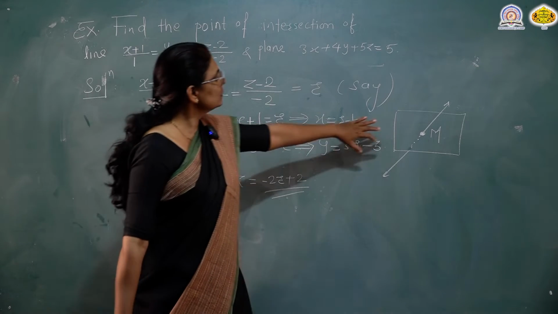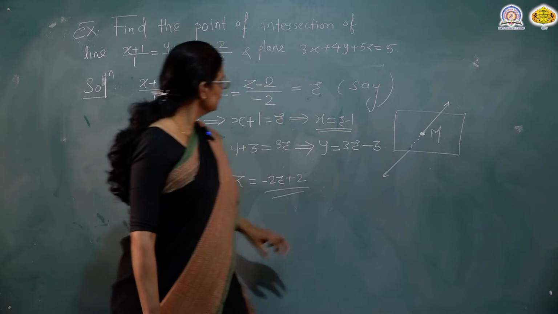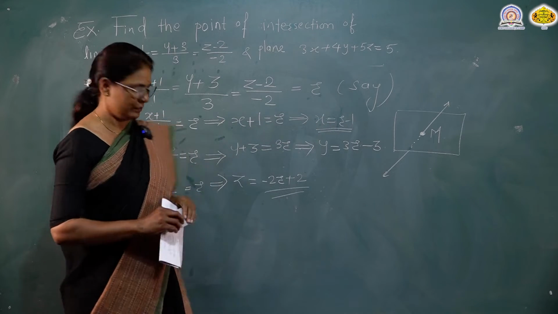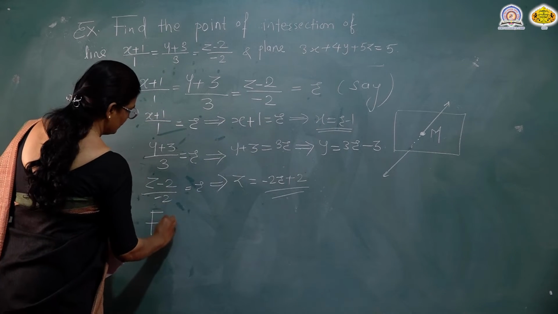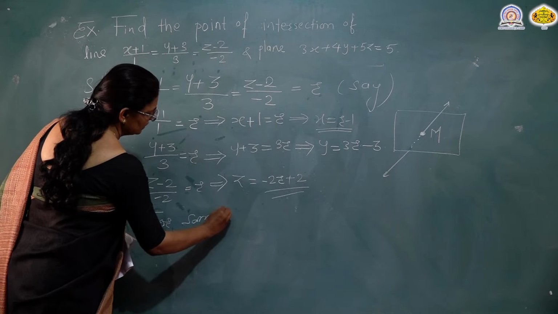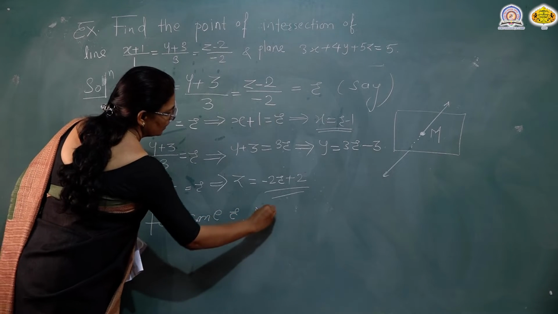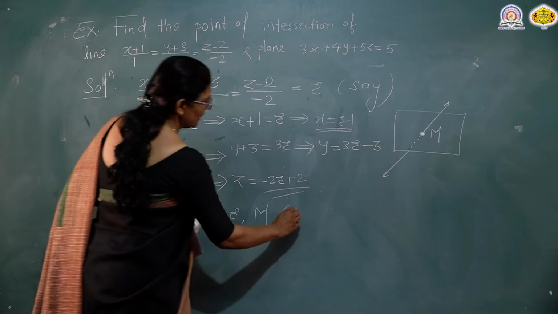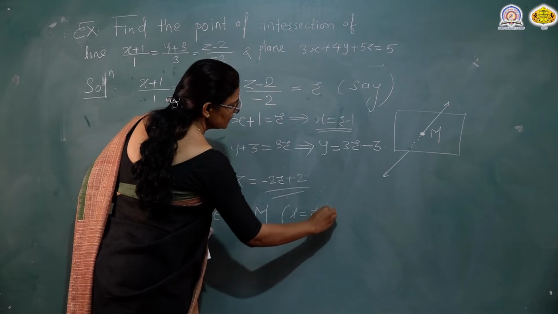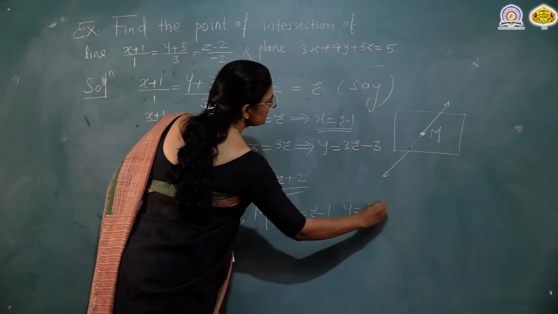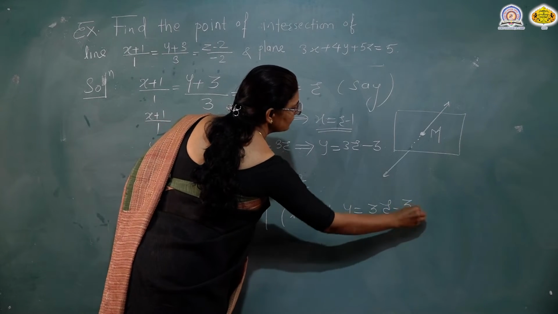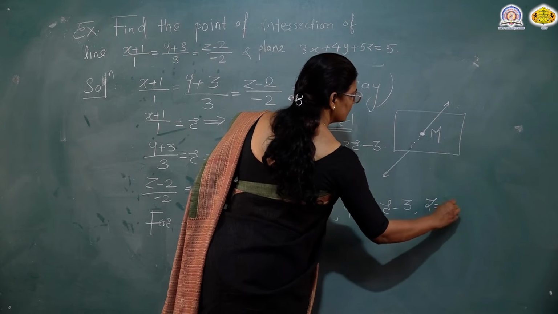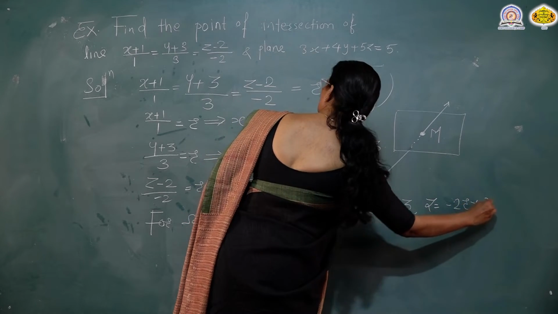Since it lies on the line, for some value of r these three numbers give the coordinates of M. So M has coordinates x = r - 1, y = 3r - 3 and z = -2r + 2.